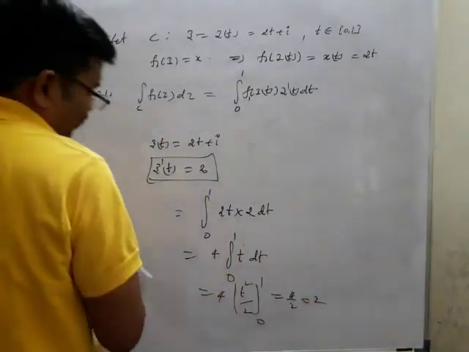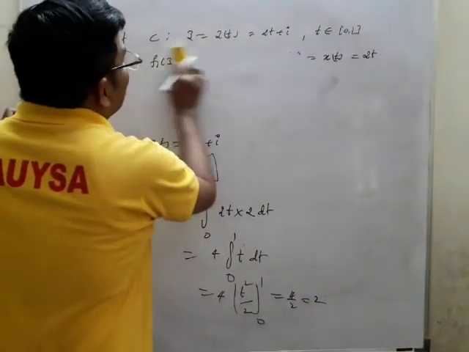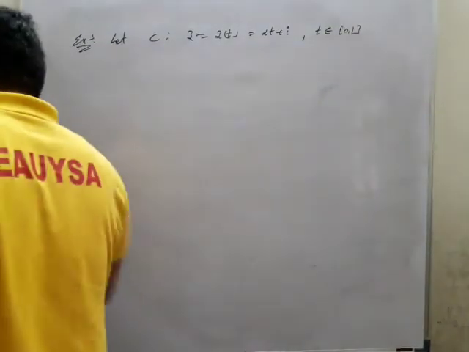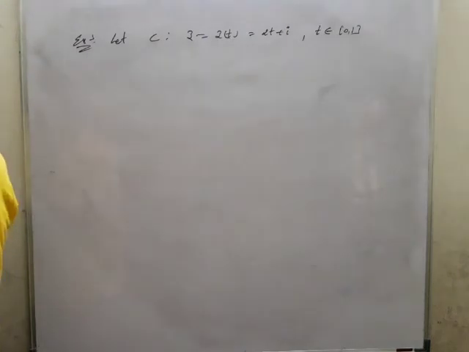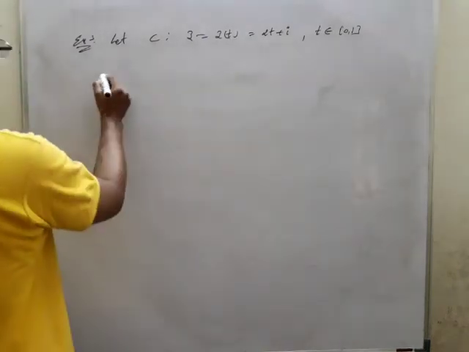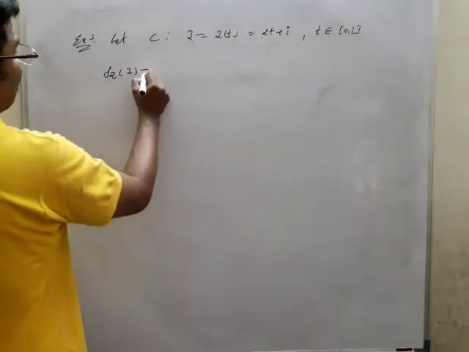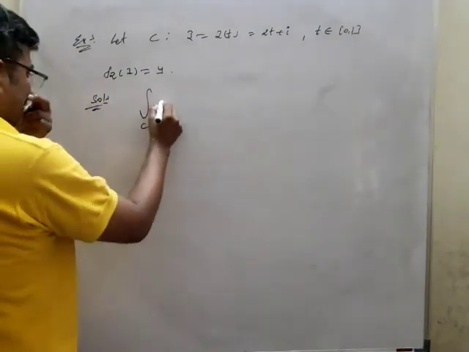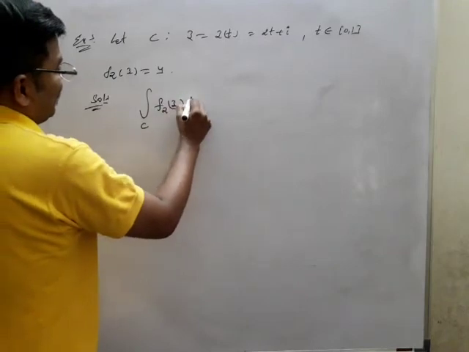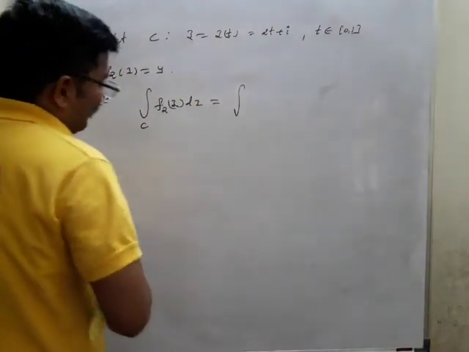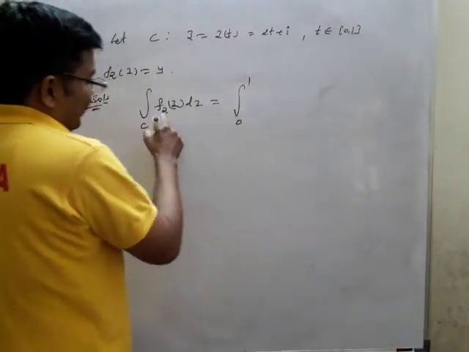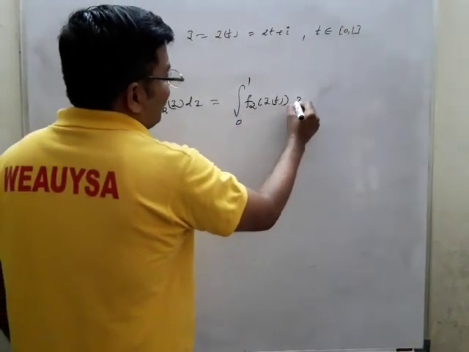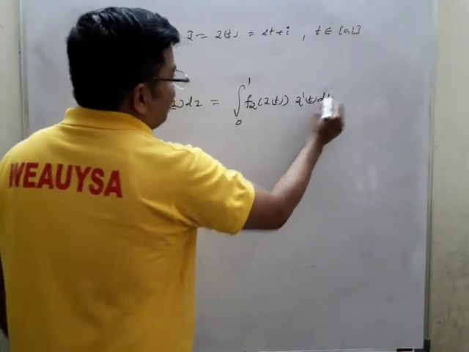Now one more problem we'll do in the same manner with the same curve, so that you will understand more. Now f2 of z is equal to y. Solution: the integral over C of f2 of z dz is equal to the integral over 0 to 1 of f2 of z of t and z dash of t dt.